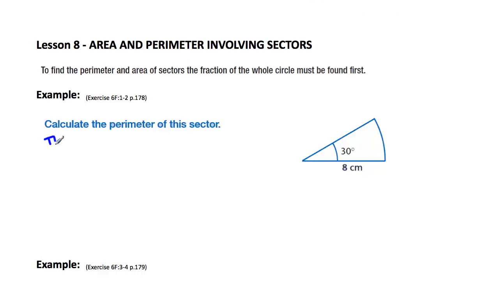So we can say that the sector is 30/360ths of a circle. That's the first point.